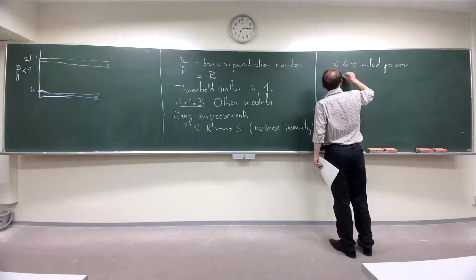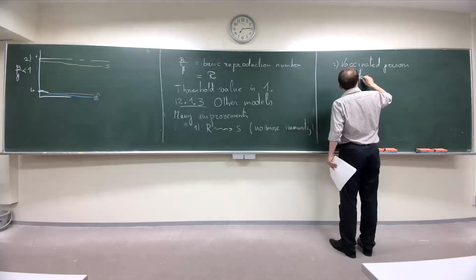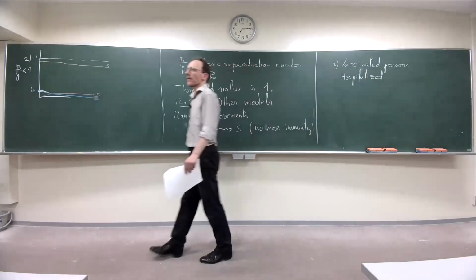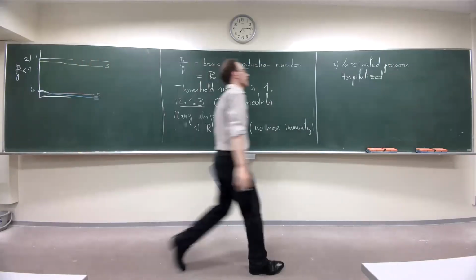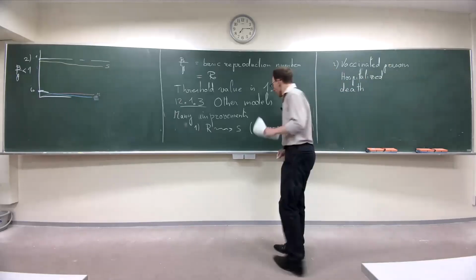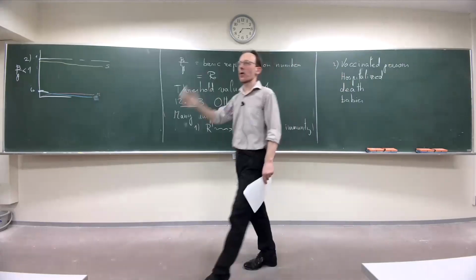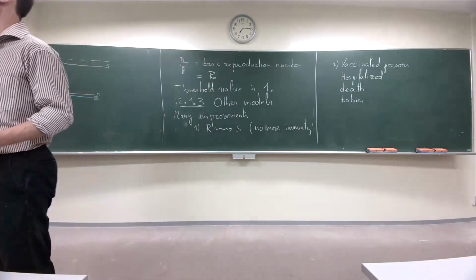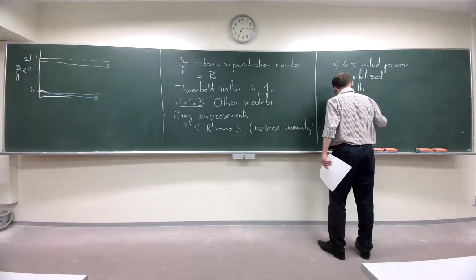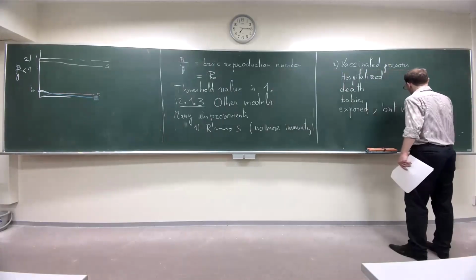Or you can also speak about the hospitalized, because people in hospital may not propagate the disease anymore, or they are going to die. Indeed, you can add the death or the dead person somewhere. You can also add the babies, because if you do a model which is going to run for a long time, the population can increase again. So you have to take it into account. There is also this compartment which played a role during the COVID, exposed, but no symptom yet.